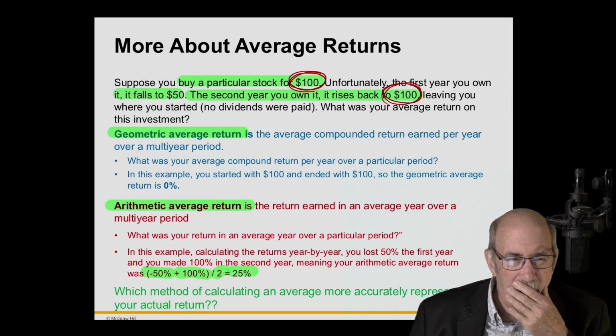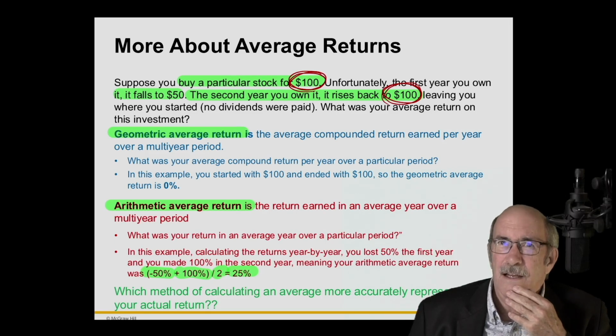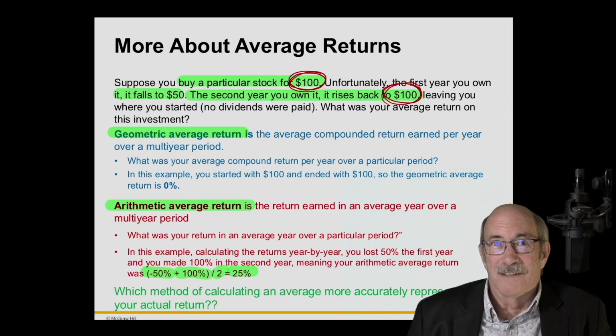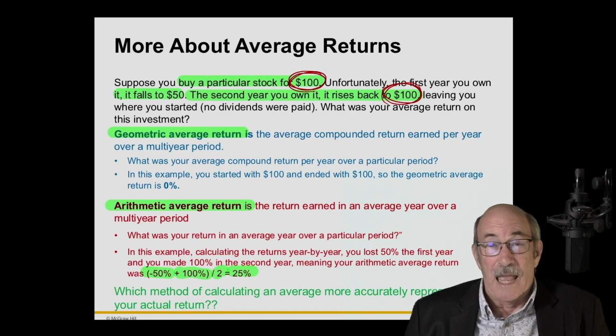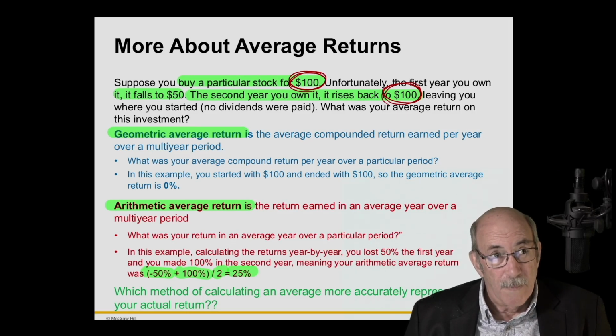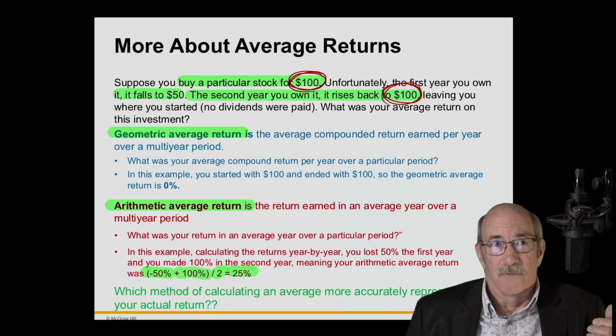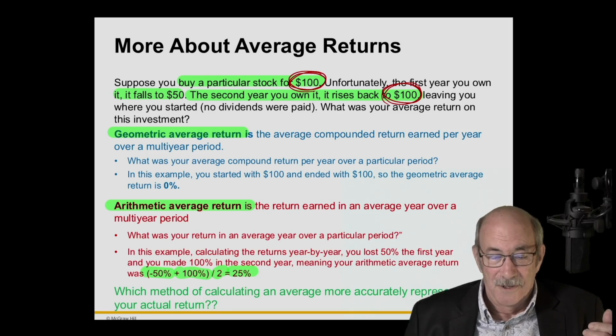Wait a minute, what the? That's not what we experienced, is it? We experienced 0% return. So 25 is grossly overestimating, now this is annual, still annual, but it's grossly overestimating what we experienced. Let's look at the geometric return.